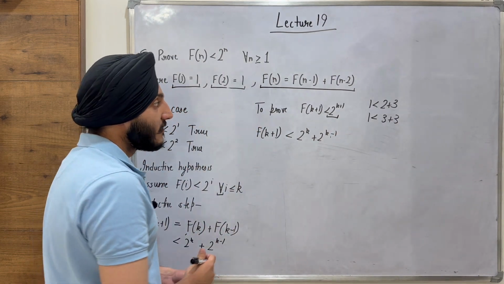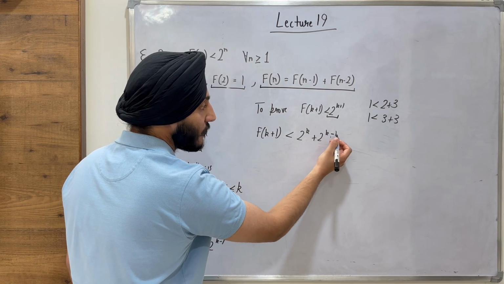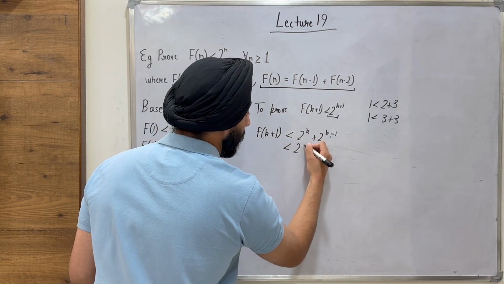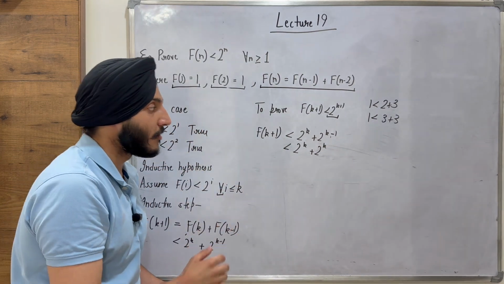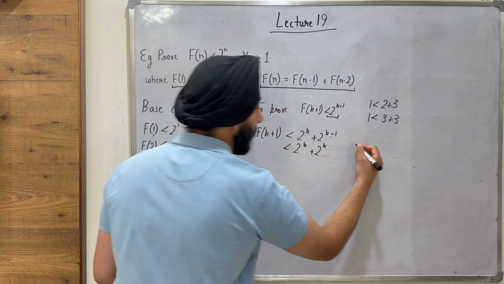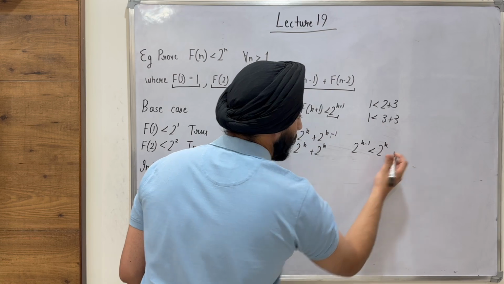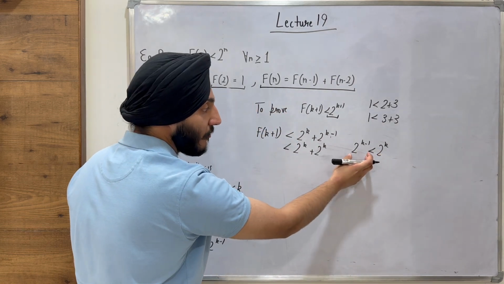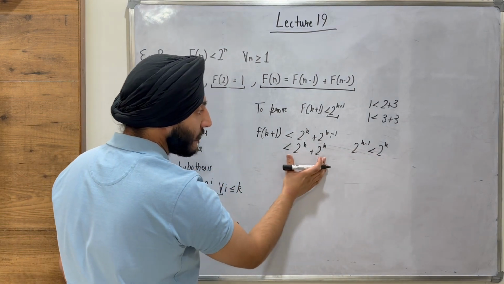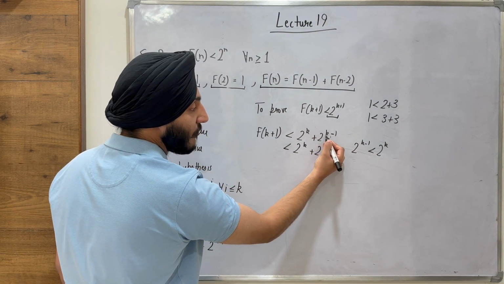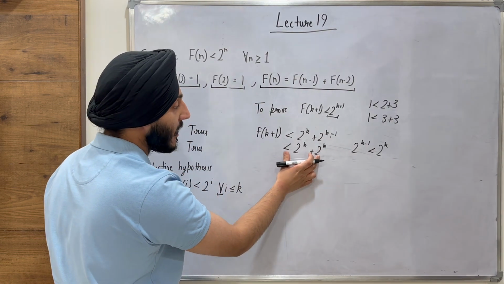Since I'm trying to reach this equation, instead of 2 to the power of k minus 1, I can replace it with 2 to the power of k, because 2 to the power of k minus 1 is less than 2 to the power of k. That is why I can replace this value, and the inequality would still be valid.